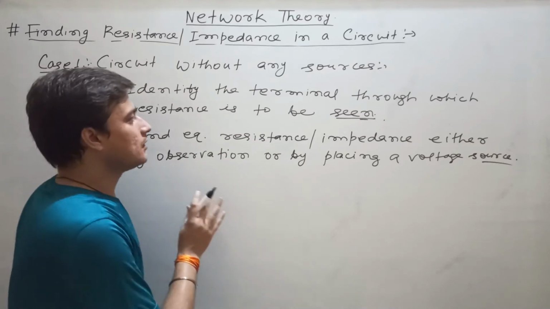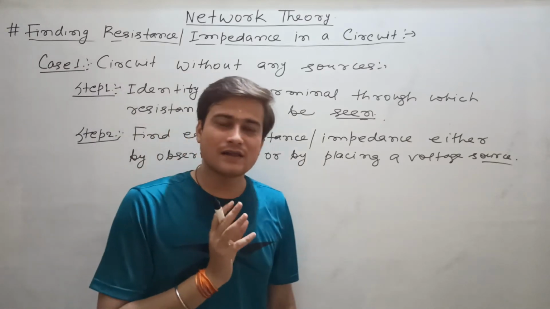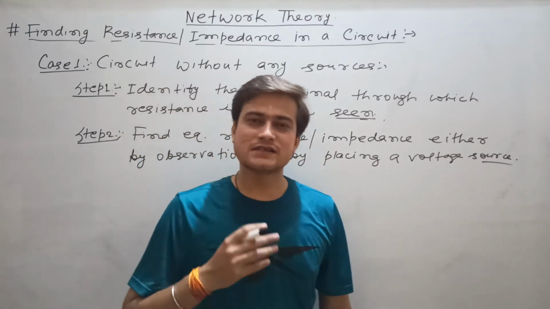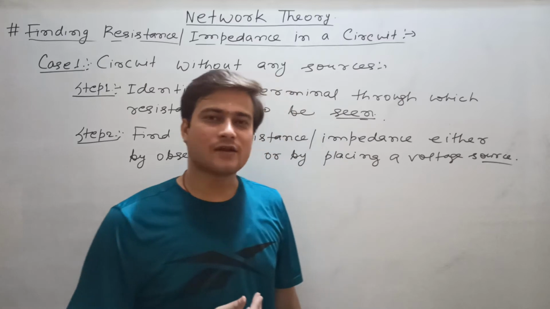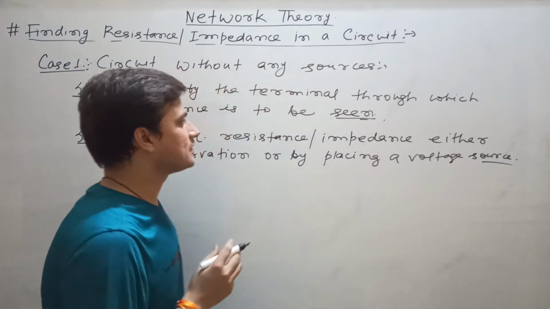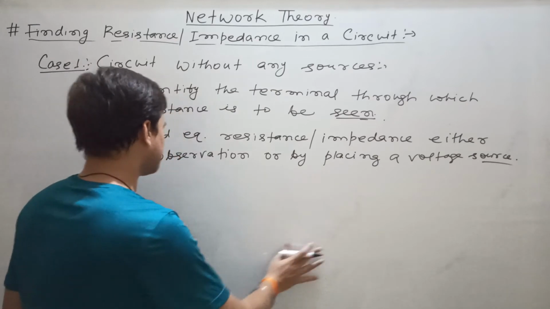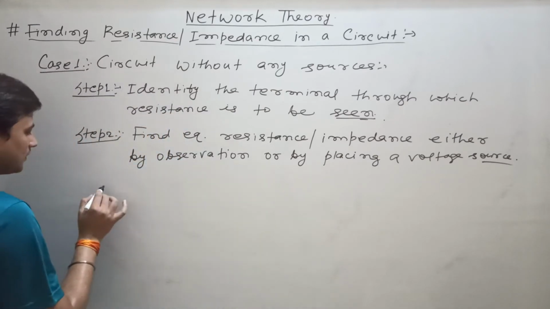Now they are saying that first you will have to identify the terminal through which resistance is to be seen. Clear? Once you identify the terminal, then you can find the resistance either by observation or by placing a voltage source. Now let us see some problems.